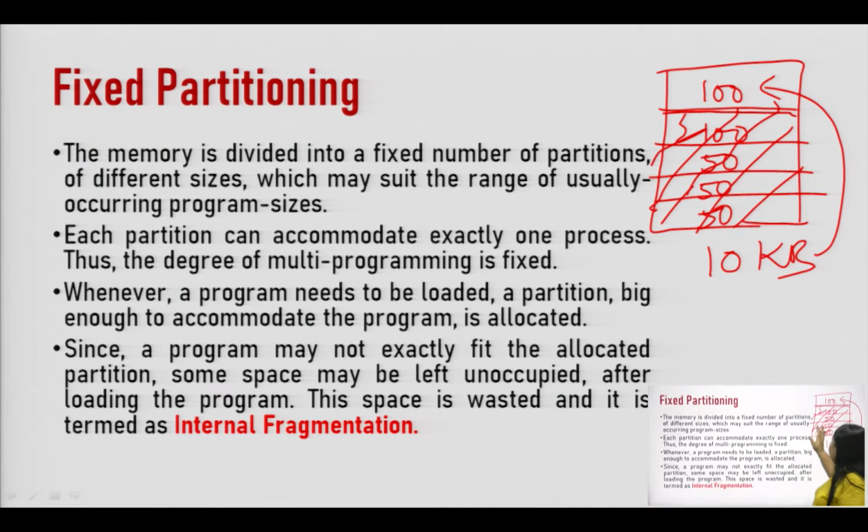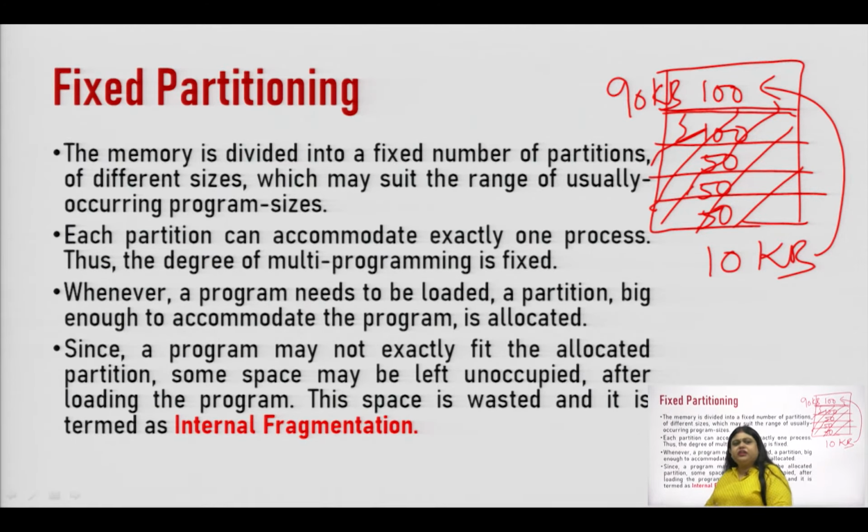Over here we saw that 90 kb space was left out which could have been used by some other process, but because it is a restriction that only one process can stay in one partition, this is restricting the number of processes that can enter the main memory at the same time, right.